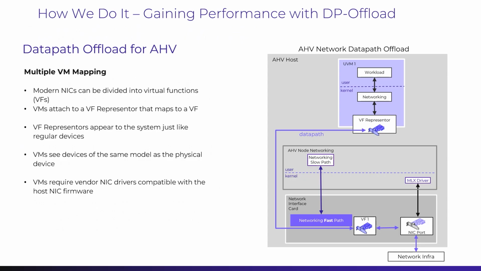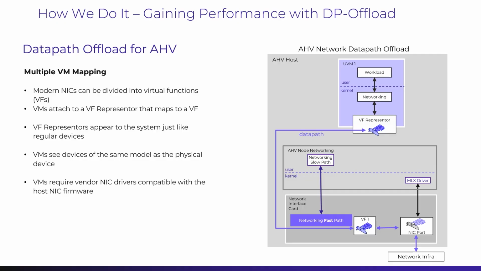Widely available NICs like the Mellanox CX6 support a special type of virtual function that can be connected to OVS, allowing us to use features like Flow virtual networking, Flow network security, and IPAM. These models enable the network fast path to run on the NIC, while the network slow path still runs in the host user space.